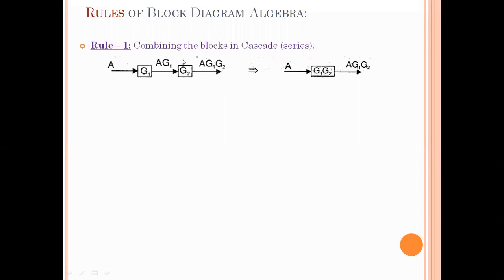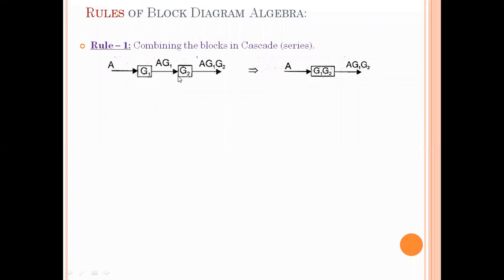Instead of drawing two blocks, we can simply draw a single block with the gain of G1 G2. That means when two blocks are connected in cascade, we replace those two blocks with a single block, and the gain of the single block will be the product of the gains of these two blocks.